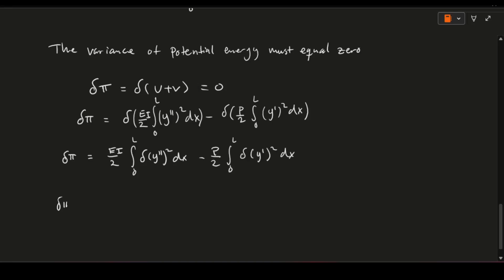So we get the variation of pi is equal to EI over 2 integral from 0 to L of 2y prime prime times del y prime prime dx minus P over 2 integral from 0 to L of 2y prime del y prime dx.